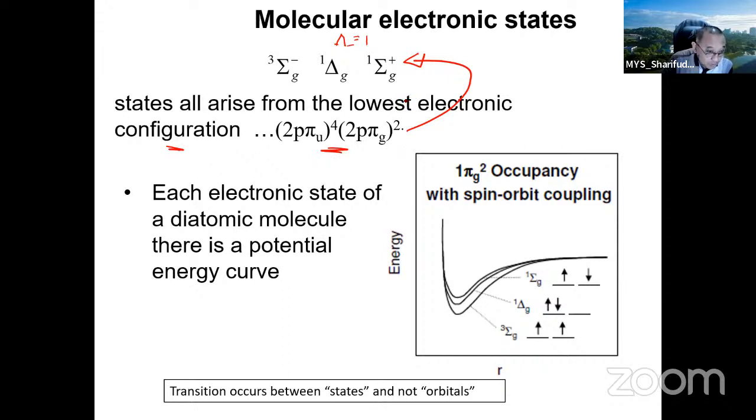Remember we talked about which one is the lowest energy out of the three. It will be the one that has the highest multiplicity. So you have a triplet state as the lowest energy. That means the ground state of the oxygen molecule is actually a triplet state, where the two electrons are pointing up in different orbitals, of course. And which one is the next lowest energy?